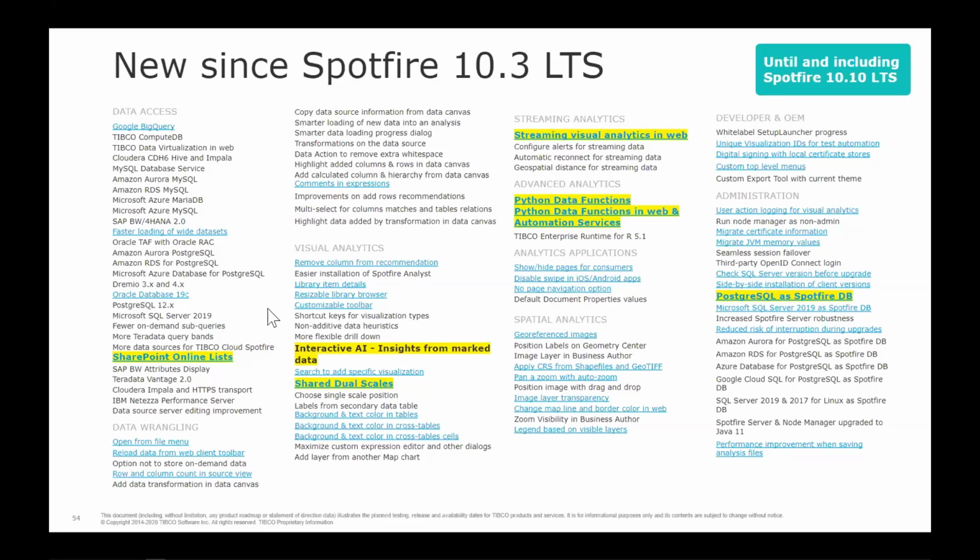These are features that you can look forward to when you upgrade to Spotfire 11. This is quite a lot of features, and I won't go through them today, but the blue ones are ideas from TIBCO's ideas portal. And if you want more information about these features, you can look at the What's New pages on TIBCO community.